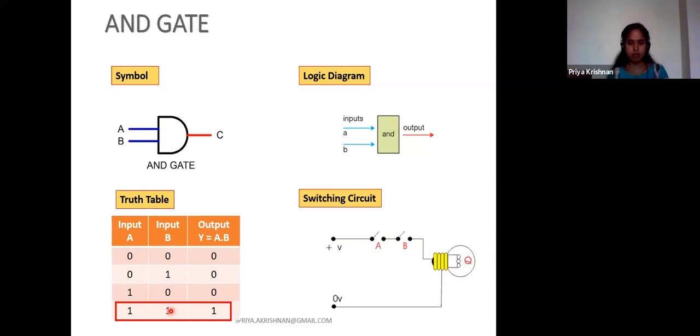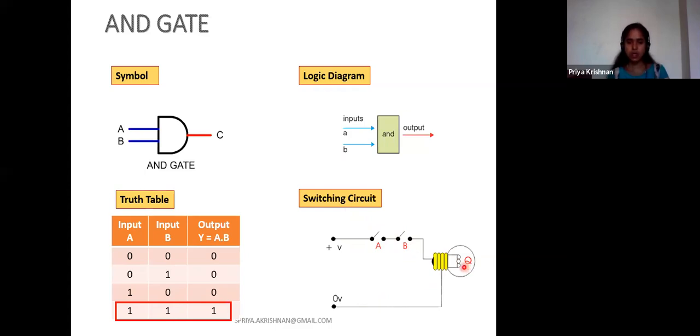If I close the A switch alone, B is still open, so the lamp will not glow. If I close the B switch alone, A is still open, so the lamp will not glow. If I close both switches, the circuit is closed and the lamp starts to glow.